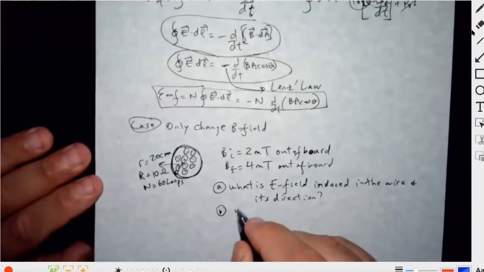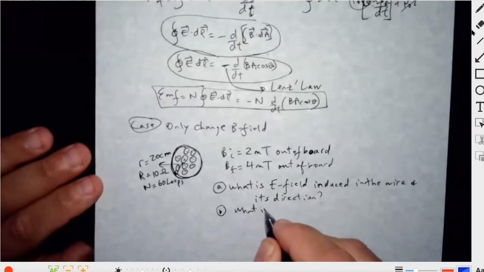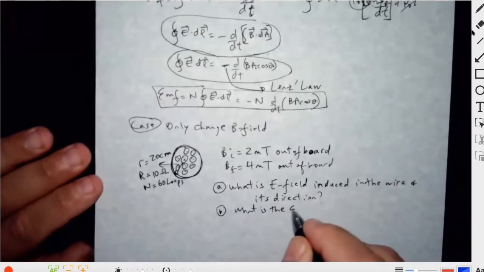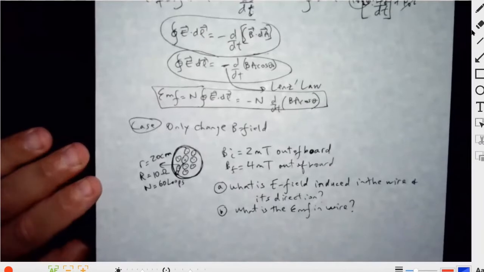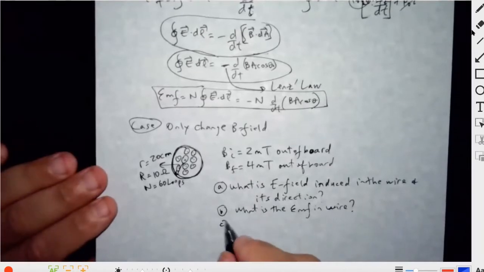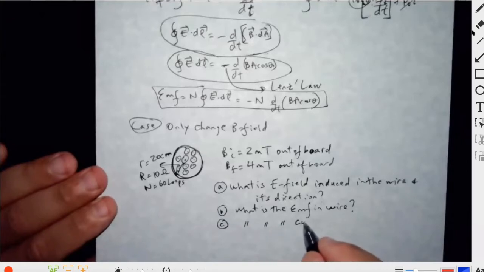What is the EMF in the wire? And then what is the current, and its direction?